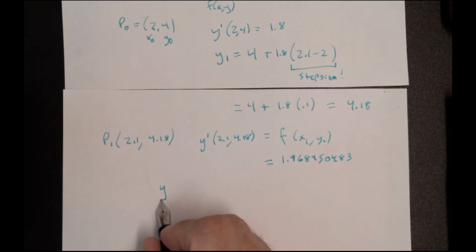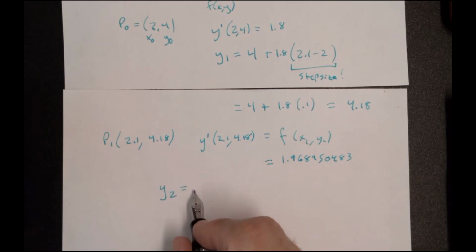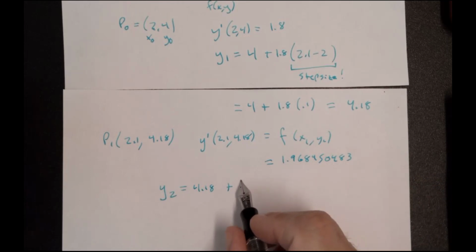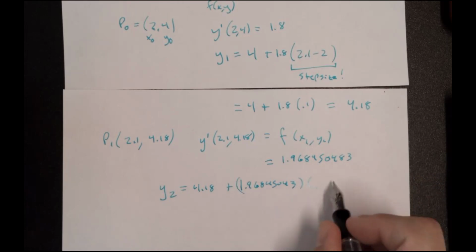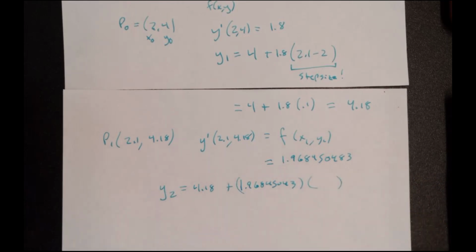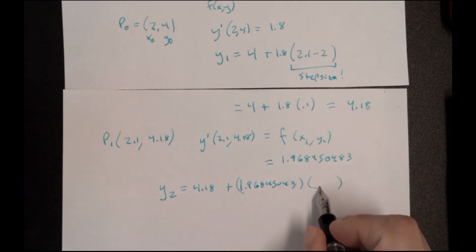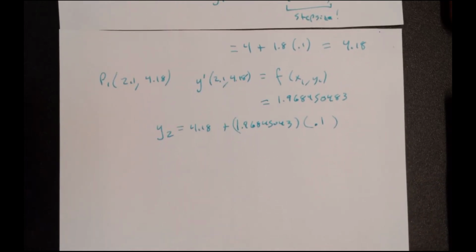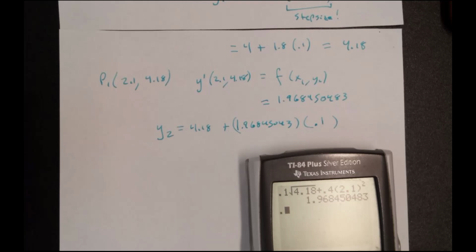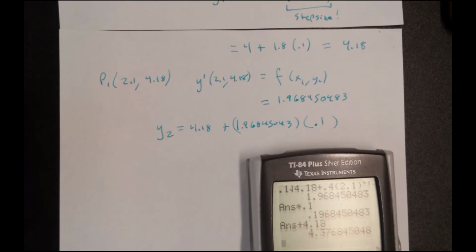So now y2 is where I started, 4.18, plus slope times what? My step size, 0.1. So I'm going to take the slope we got, multiply by 0.1, add that to 4.18.